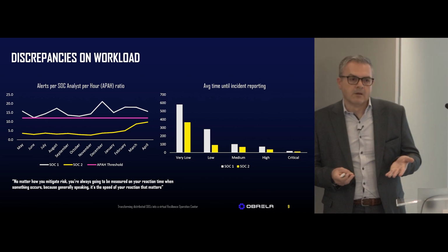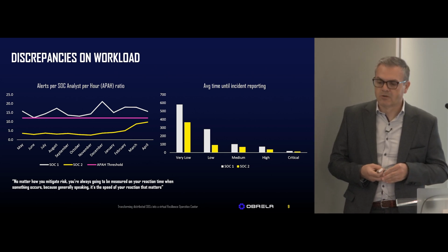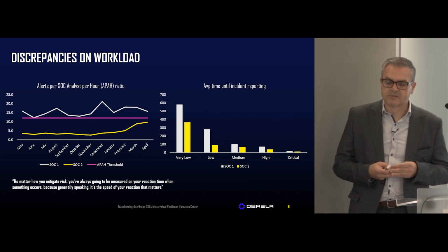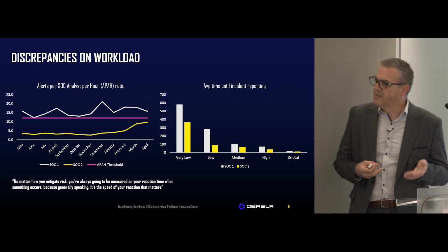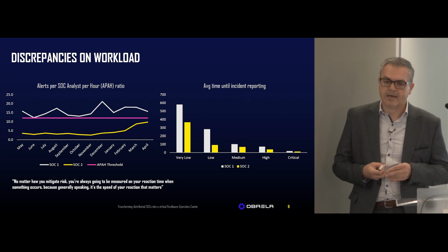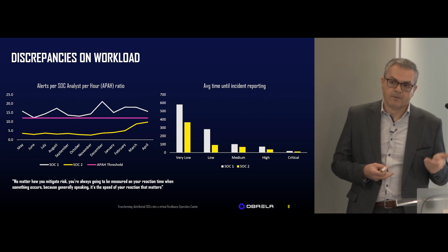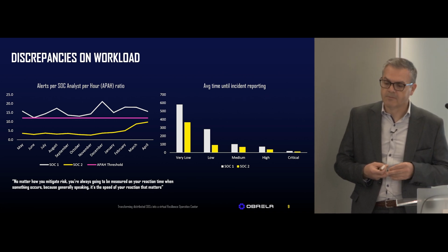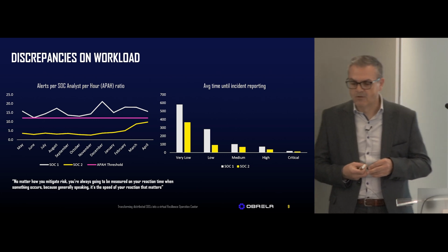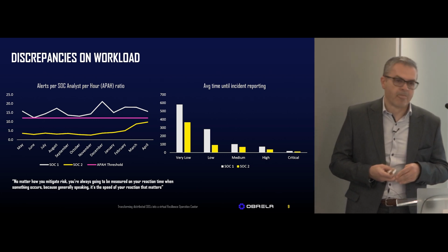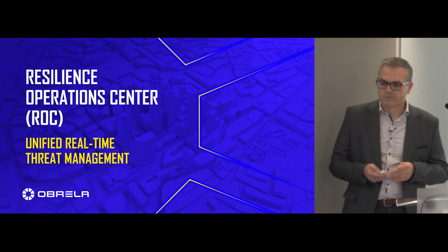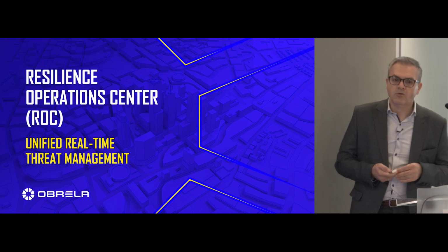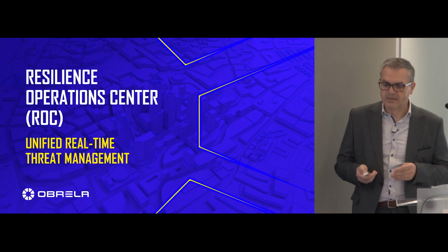So, as you can imagine, a regional SOC which is experiencing staff challenges, alert fatigue, or maturity deficiencies finds it difficult to help its assigned customers to withstand and recover from adverse events. Reaction time is the main KPI that customers evaluate in a SOC service, and we have seen this in other industries as well. So we need a new model, the model of a resilience operation center.